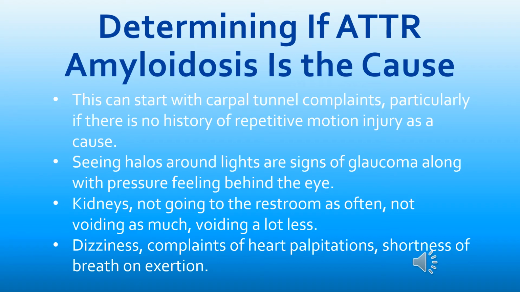If they develop a problem like I had, where they can't hold on to anything, they have the dropsies, because they drop everything, then it might be a carpal tunnel problem. If they are seeing halos around lights, then that can be a sign of glaucoma. That's how I knew I had a problem. I started seeing the cloudy halos around the lights.